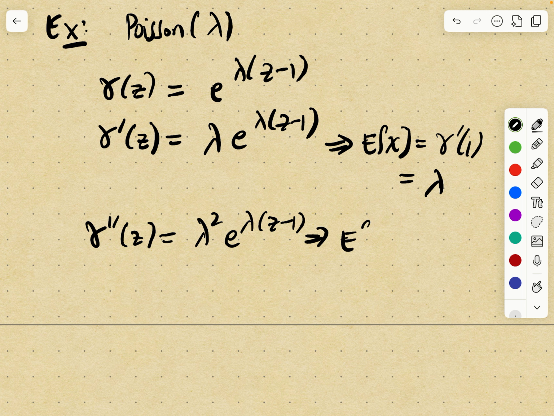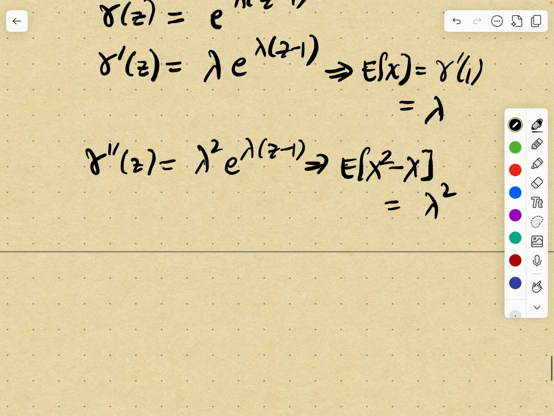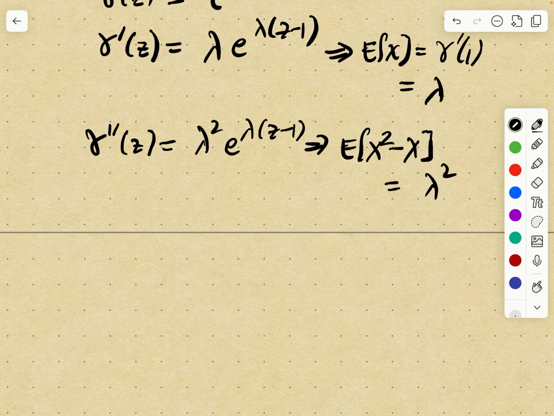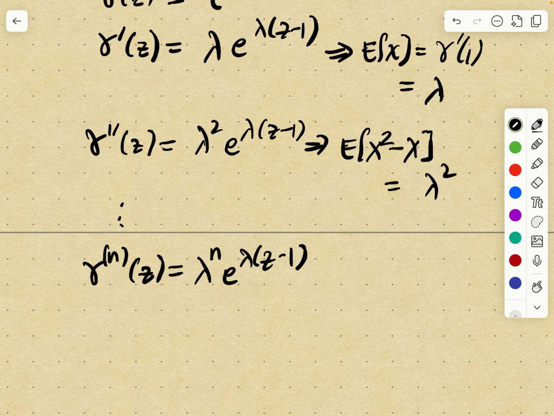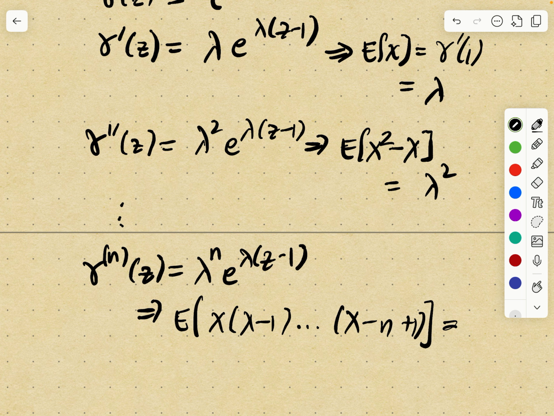So then the expectation of x squared minus x is lambda squared, because you just plug in 1. Right? And in general, if you take the nth derivative, you're going to get lambda to the n e to the lambda times (z minus 1). And so the expectation of x times (x minus 1) all the way to (x minus n plus 1) is equal to lambda to the n.